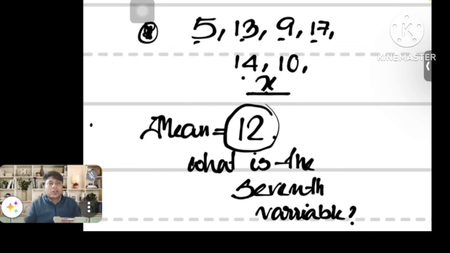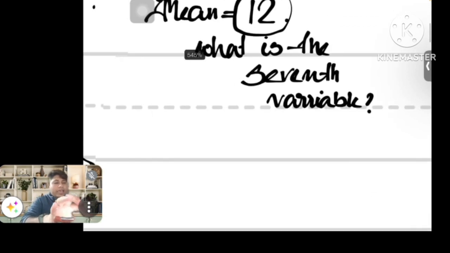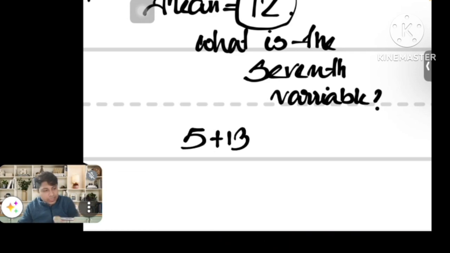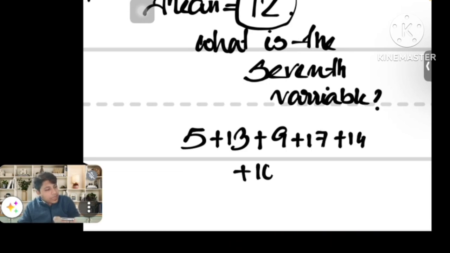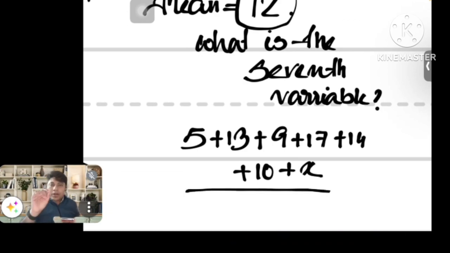And now just construct the same formula that I gave in the last question, summation of all observations. I can write this like 5 plus 13 plus 9 plus 17 plus 14 plus 10 plus x, divided by the number of observations.